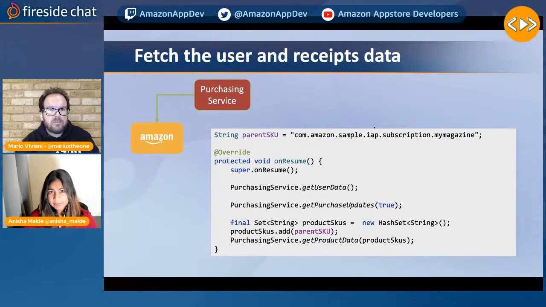You need to call get purchase updates in the onResume method to ensure that you're getting the latest updates. This method takes in a Boolean parameter, true or false, called reset. We recommend setting this to false, because false returns a paginated response of your purchase history since the last call to the get purchase updates method, whereas true retrieves a user's entire purchase history.